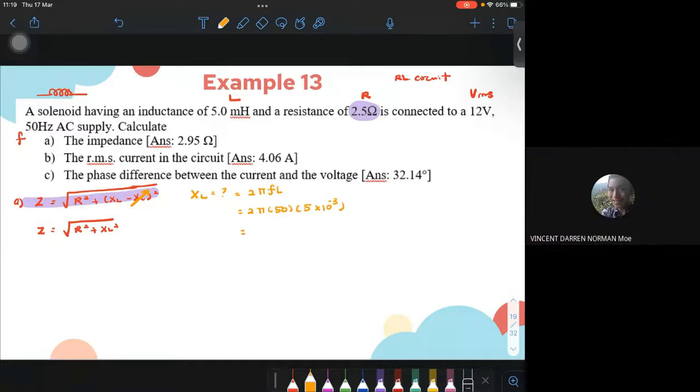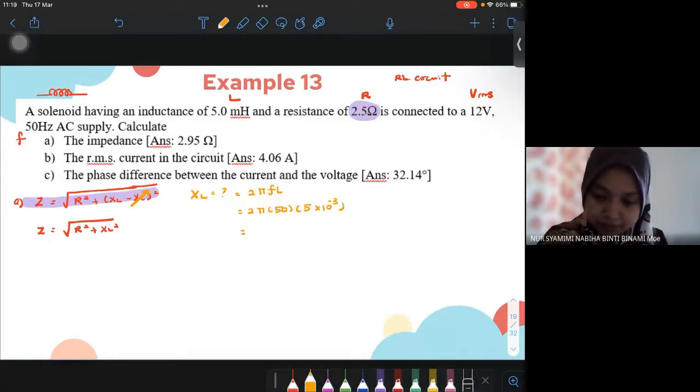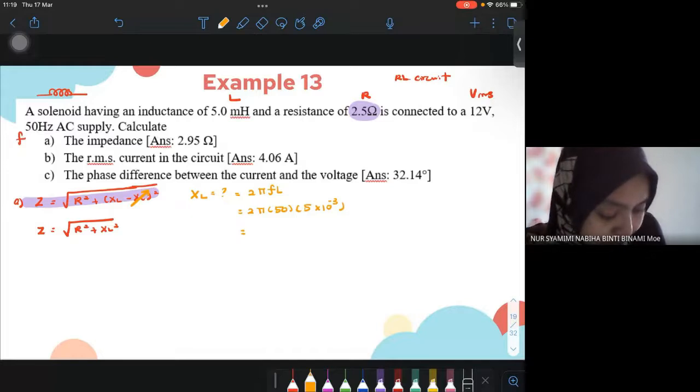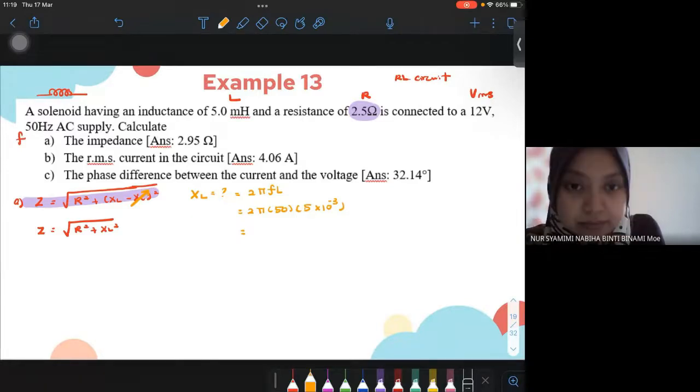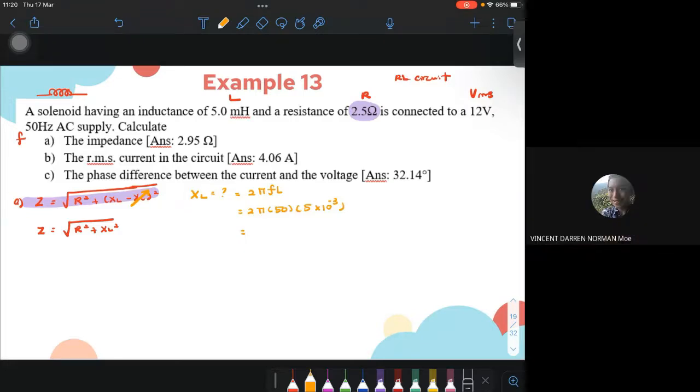1/2 pi. 1/2 pi akan jadi berapa dalam perpuluhan? Berapa 1/2 pi? 1.57. 1.571.